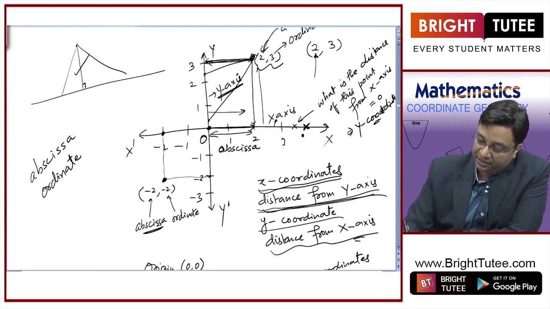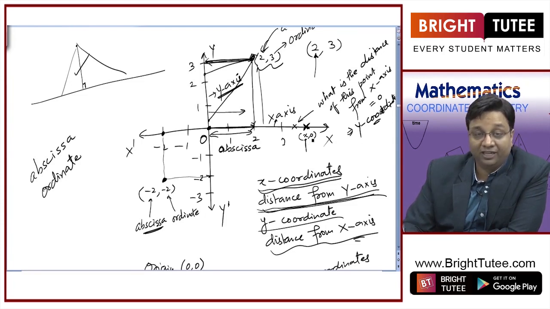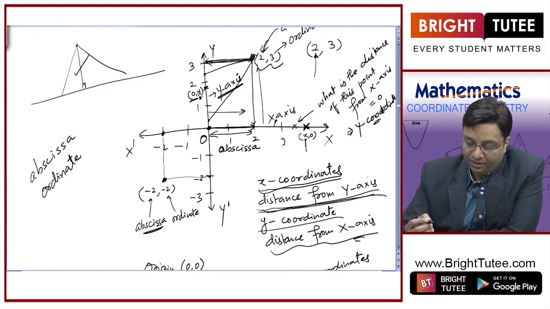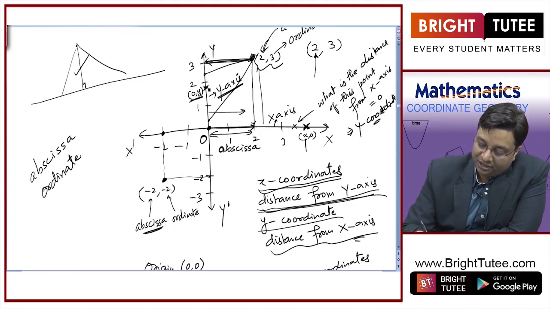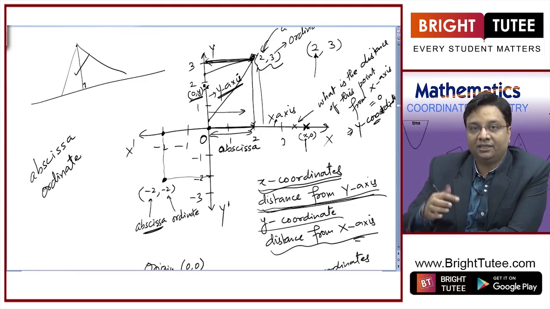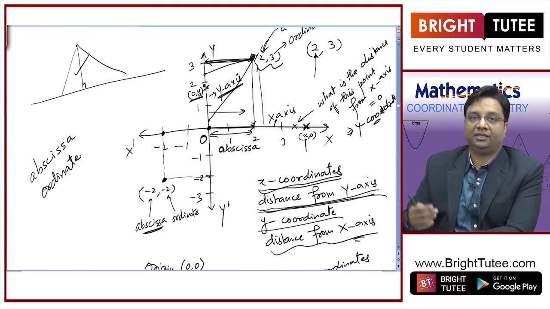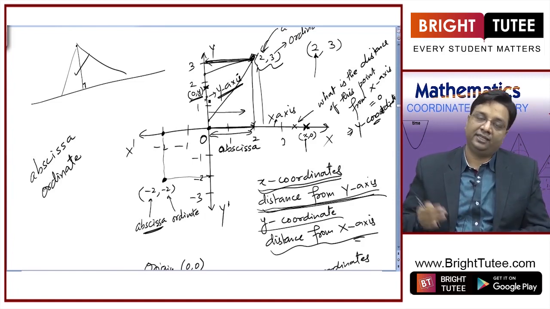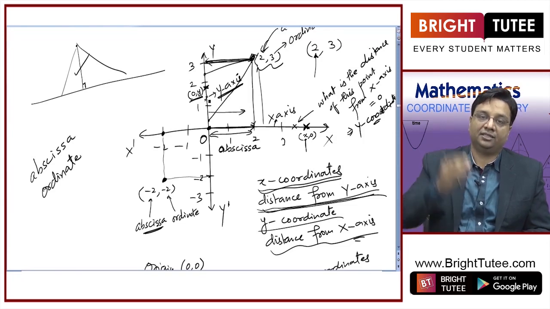So any point lying on x-axis will be of the form (x, 0). There will definitely be an x coordinate, but y coordinate will be 0. Using similar logic, you can say any point on y-axis will have x coordinate as 0. So (0, y). Any point on y-axis will be of this type, (0, y). Okay. Why? Because the distance of any point lying on the y-axis from y-axis is 0. That is why the x coordinate of the points lying on y-axis will be 0.